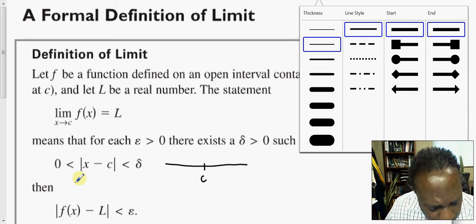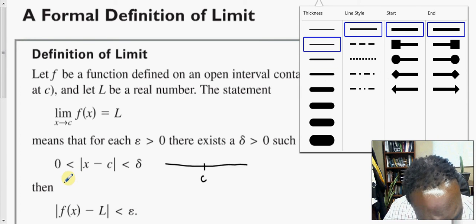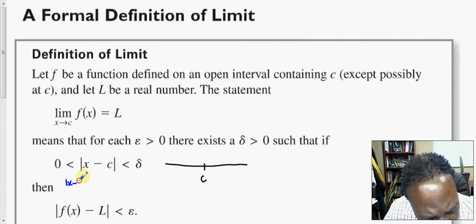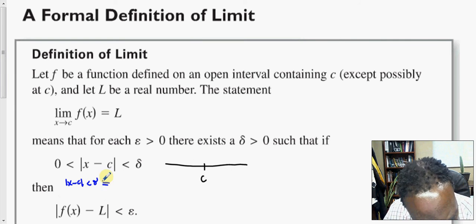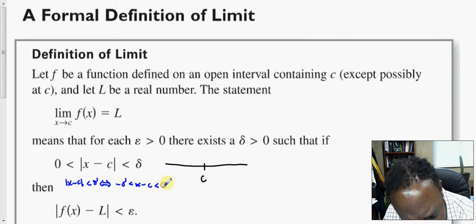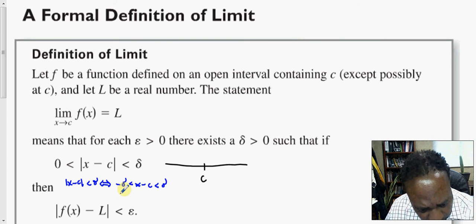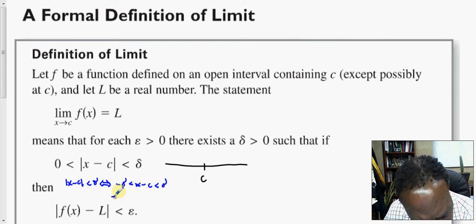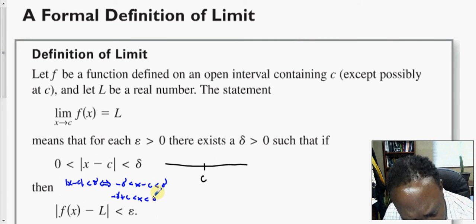Use blue. So the absolute value of x minus c less than delta implies, a double implication, that negative delta is less than x minus c is less than delta. If we add c throughout, we have negative delta plus c less than x less than delta plus c.